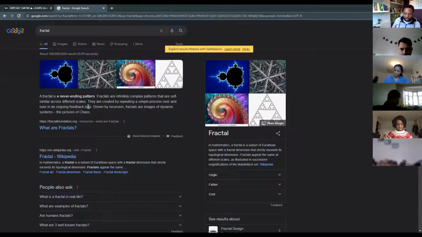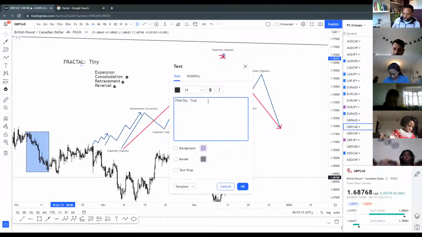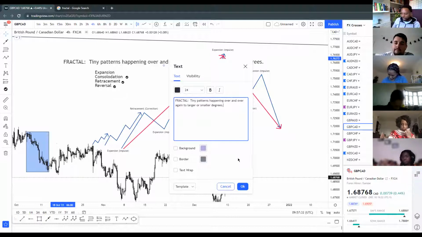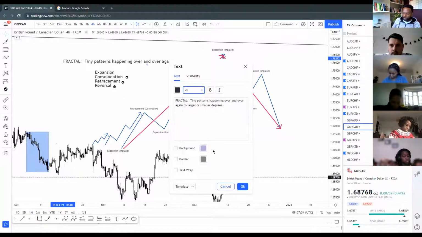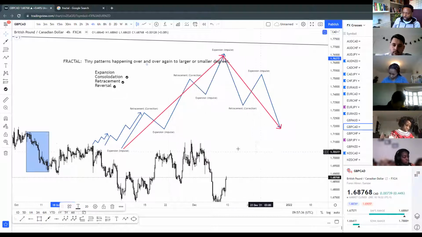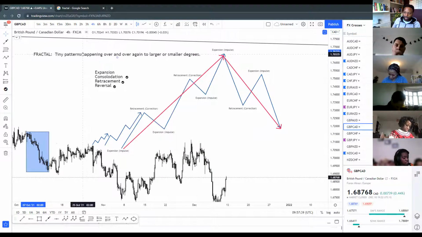Essentially, it is the same pattern happening over and over again to larger or smaller degrees. That's my kind of definitional summary of fractal. So the whole financial market is a fractal.